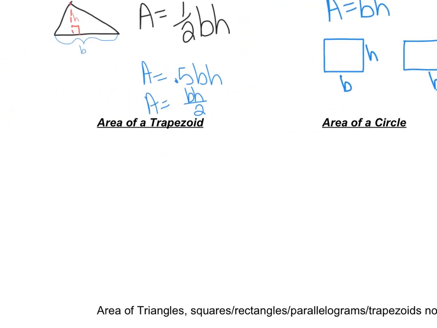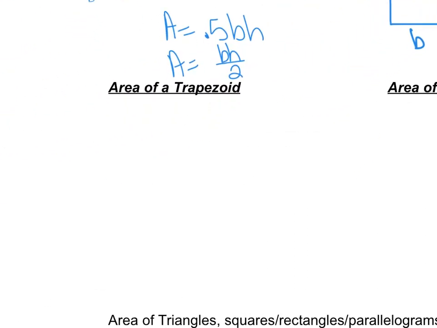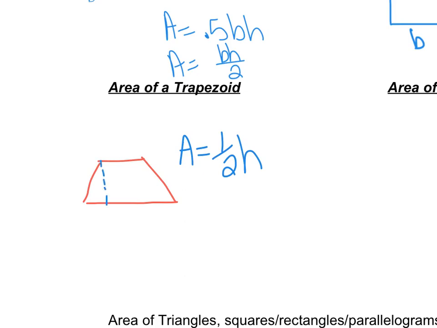The area of a trapezoid, this is one that you've probably done but can't usually remember very well because there's a lot of things going on. So remember, first of all, a trapezoid looks kind of like this, where you have two sides that are parallel and the other two sides are not. Our formula is going to be 1/2 the height, and again, the height, just like on the other things, is perpendicular to the base.